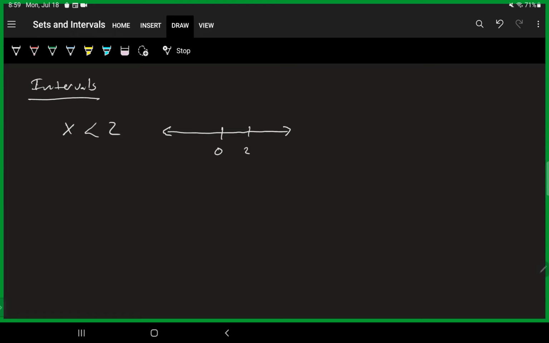And if I want numbers that are less than 2, I'm thinking about everything to the left of 2. So it'd be 0, that would be 1, that would be negative 5 halves, negative pi, and it goes on indefinitely.